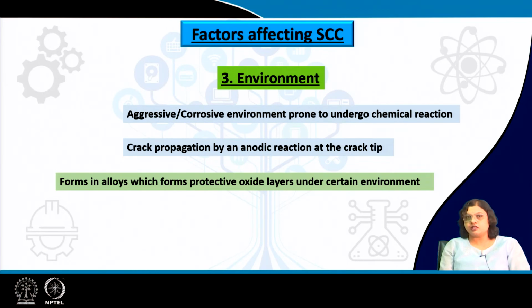That is what happens regularly, but if we are applying stress to it, then something else is going to happen, which we will discuss in a minute. But what I want to clarify here is that the presence of all these three factors is very, very vital. Then only will stress corrosion cracking occur.